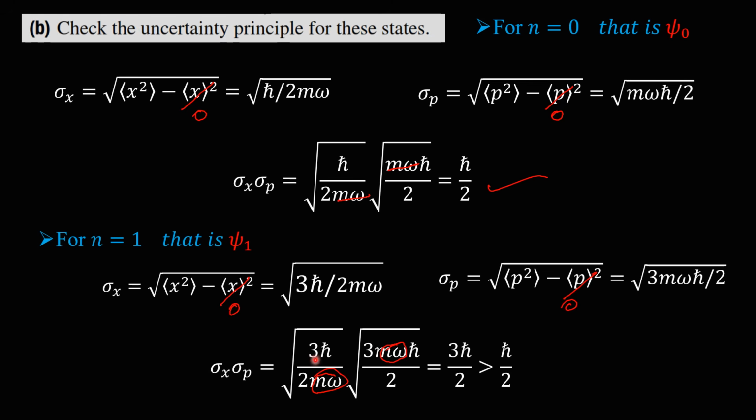So here you have square root of 3 h cross into square root of 3 h cross, which is equal to 3 h cross. Similarly, in the denominator you have square root of 2 into square root of 2, which is equal to 2. So 3 h cross over 2 is greater than h cross by 2. This also satisfies the uncertainty principle.